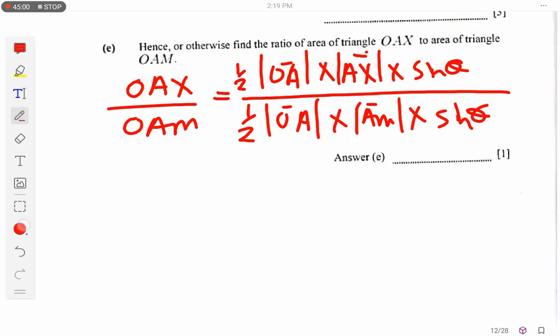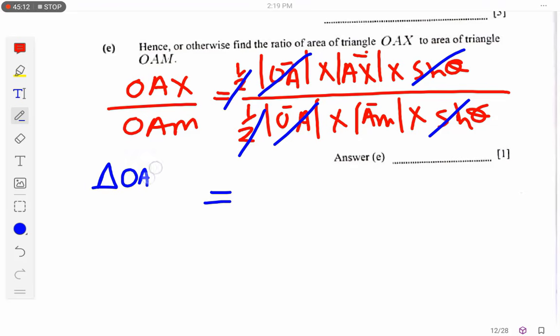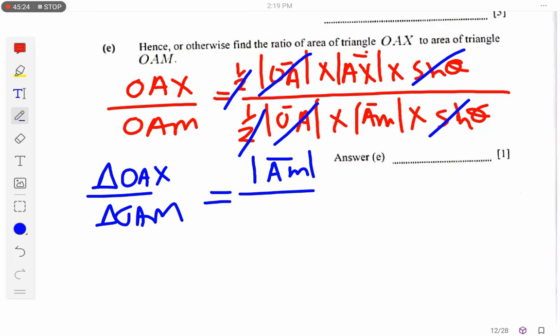You find out we have got some common terms which cancel each other, sine and sine. So at the end of the day, the ratio of the area of triangle OAX over triangle OAM is equal to magnitude of AX over AM.